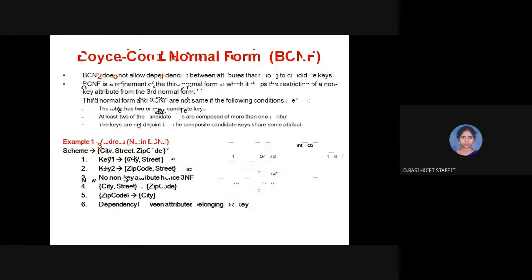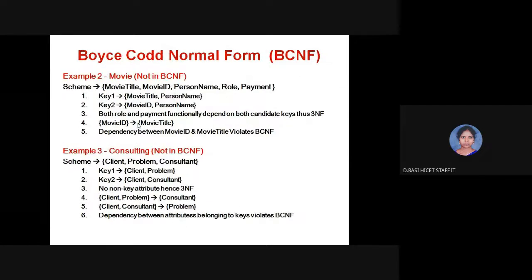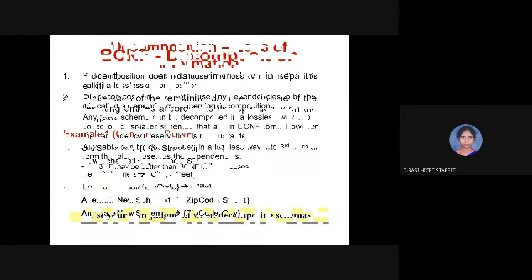Similarly for Boyce-Codd normal form, you can identify the differences between the schemas which are not in BCNF and which are in BCNF. How we convert into BCNF, we should have lossless decomposition and dependency preservation. Okay?